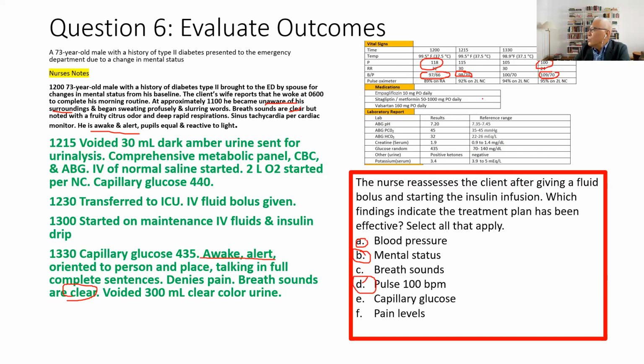And the capillary glucose, where's the glucose? 435 over here, and 440 over here, 435. It's still high, isn't it? So that means it hasn't really improved yet. And the last one is the pain levels. The pain was not a primary issue. There was no complaint of pain at all. So I think that A, B, and D are the correct responses.